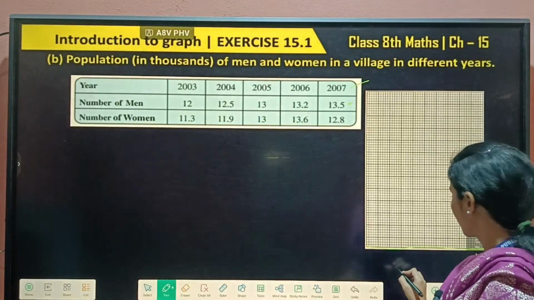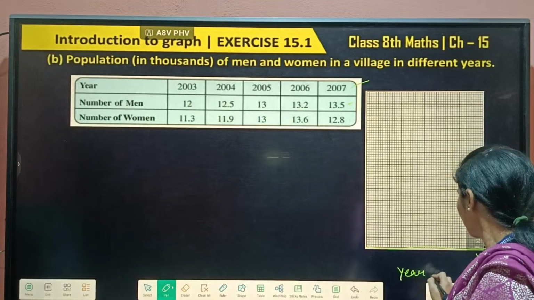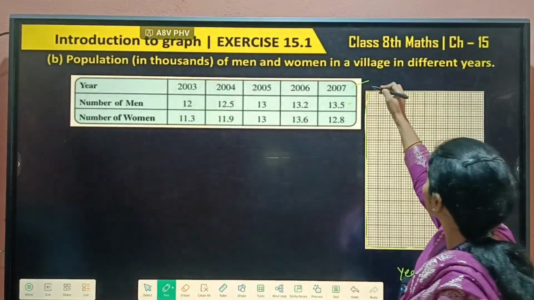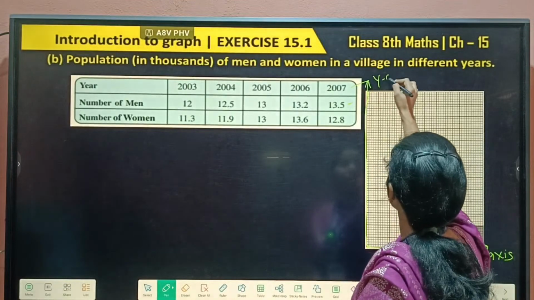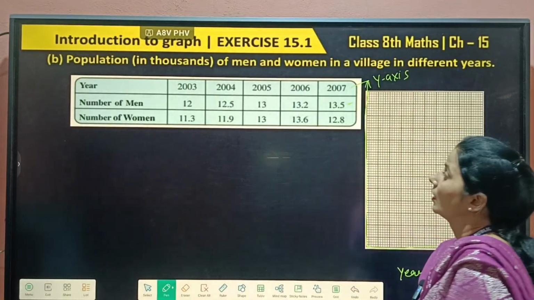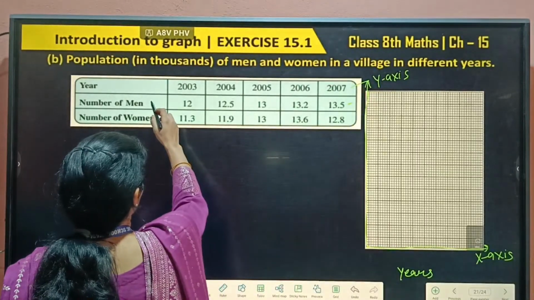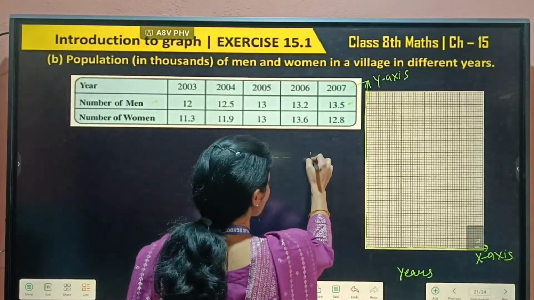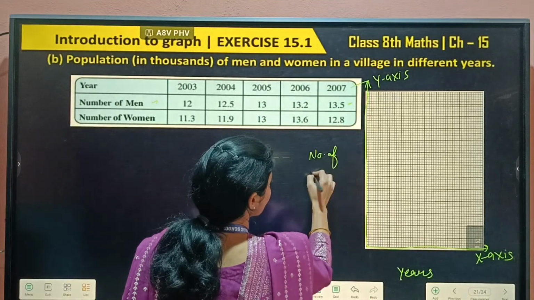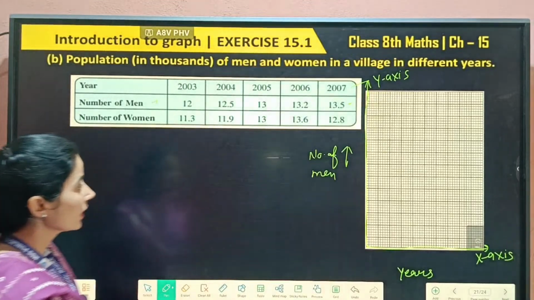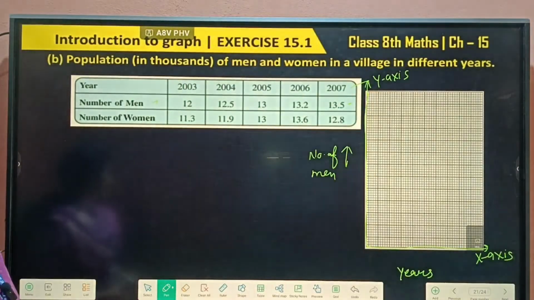I will write the years, and on this y-axis, I will write the number of men. Let us choose one scale on the y-axis and on the x-axis.